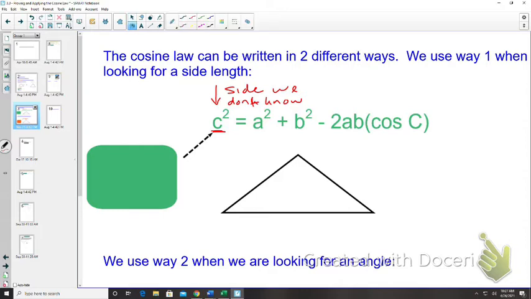And this C is the angle we do know. Okay, I'll show you what I mean by that.